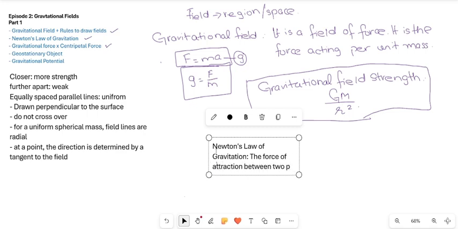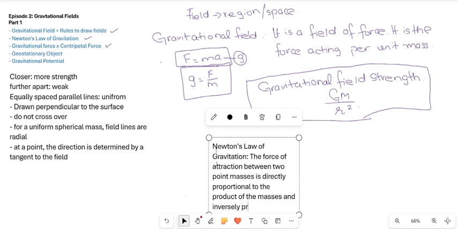between 2 point masses. This word point masses is extremely important. Between 2 point masses is directly proportional to the product of the masses, and inversely proportional to the square of their separation.